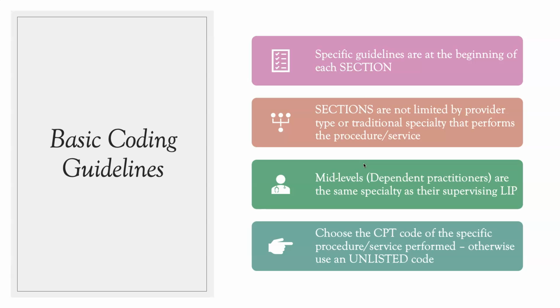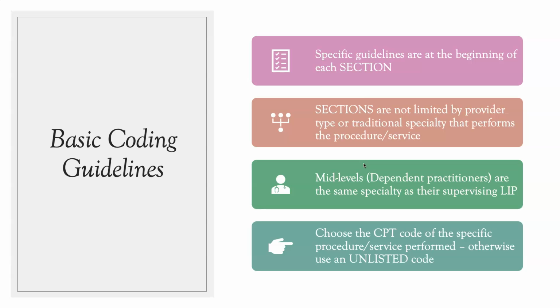Mid-levels or dependent practitioners. These are your PAs, your nurse practitioners that are working under the supervision of a licensed independent practitioner, physician, that type of person. They are considered the same specialty as their supervising licensed independent practitioner. So if you're working in an OBGYN office and there's a nurse practitioner there, when you go to code something that the nurse practitioner did, you're going to code it as being an OBGYN specialty, because that is what their supervising licensed independent practitioner is.